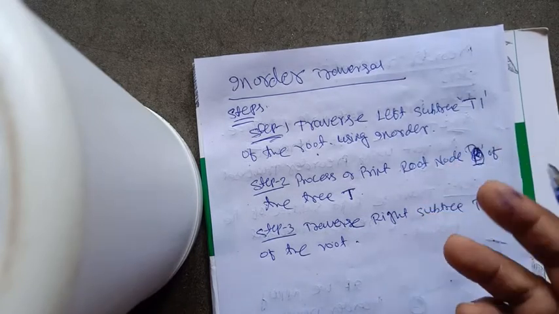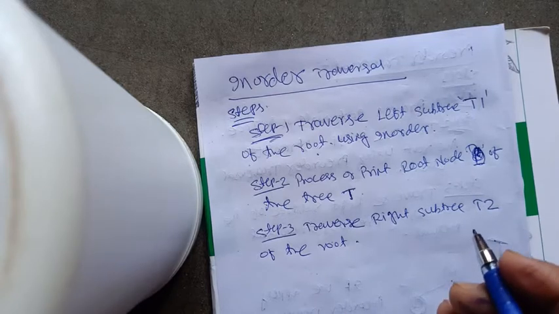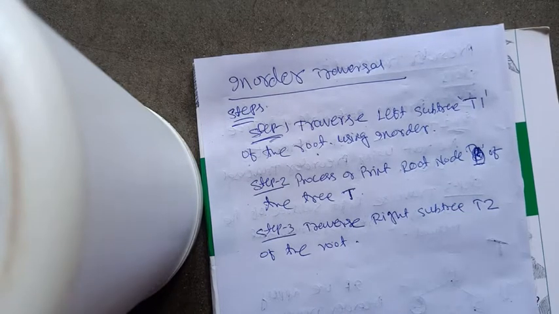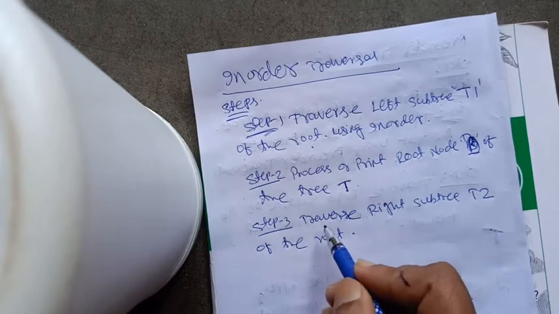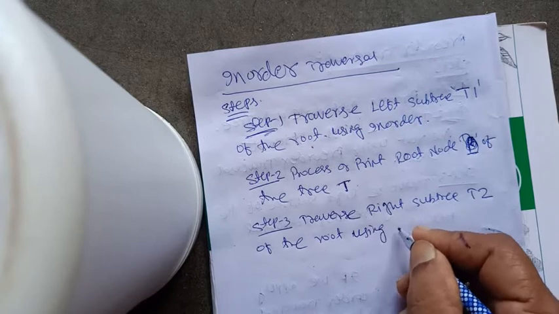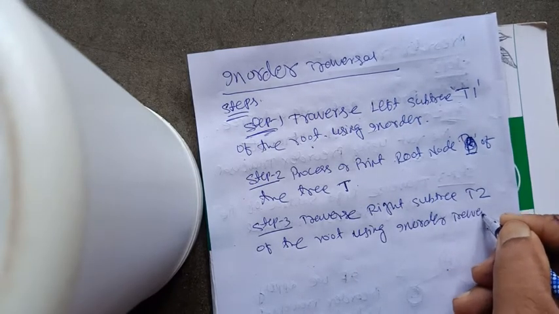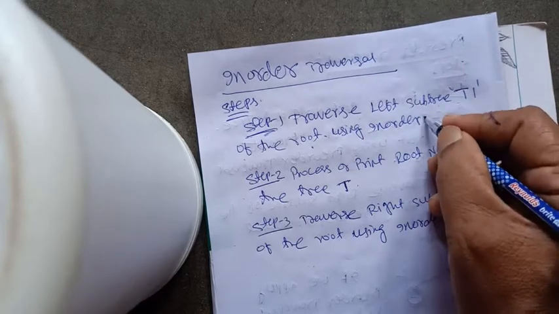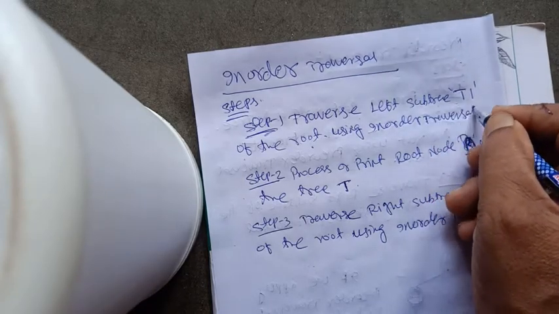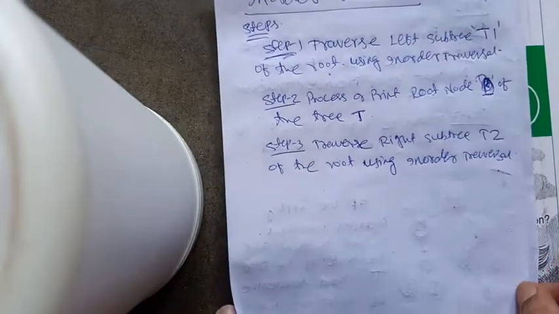Means for that also you have to move further left before processing the root of T1. Similarly for step 3, traverse the right subtree T2 of the root using in-order traversal. Okay, so this is also in-order traversal. Fine. Now let us take the example and its output.